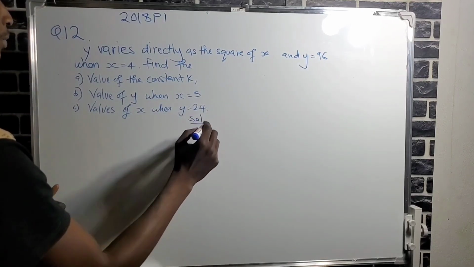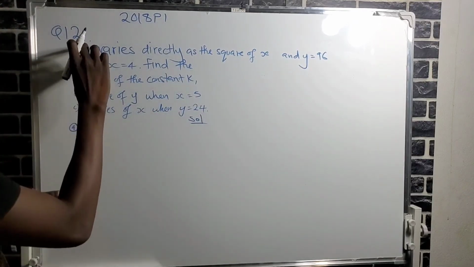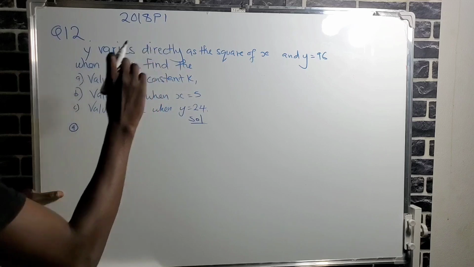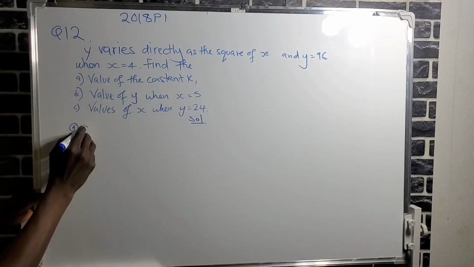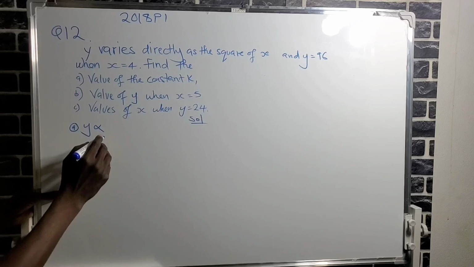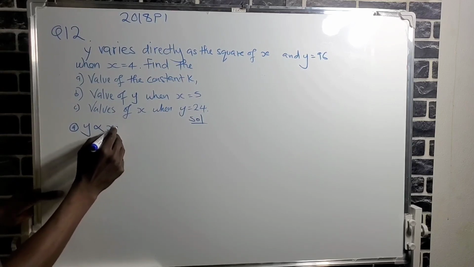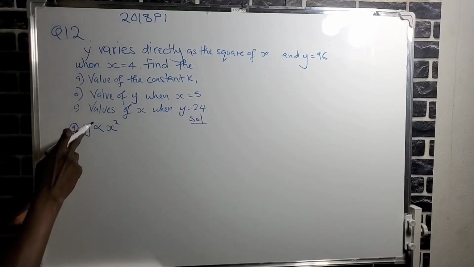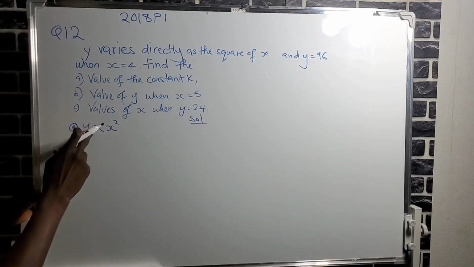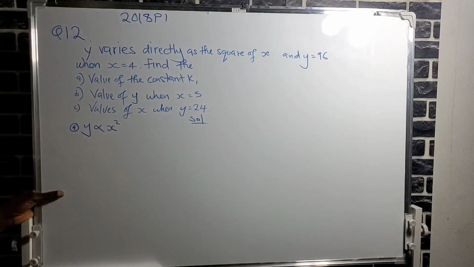Alright, so to find the value of the constant k, first we are going to interpret this statement into an expression. They're saying y varies directly as the square of x, meaning x is squared, not square root but square of x.